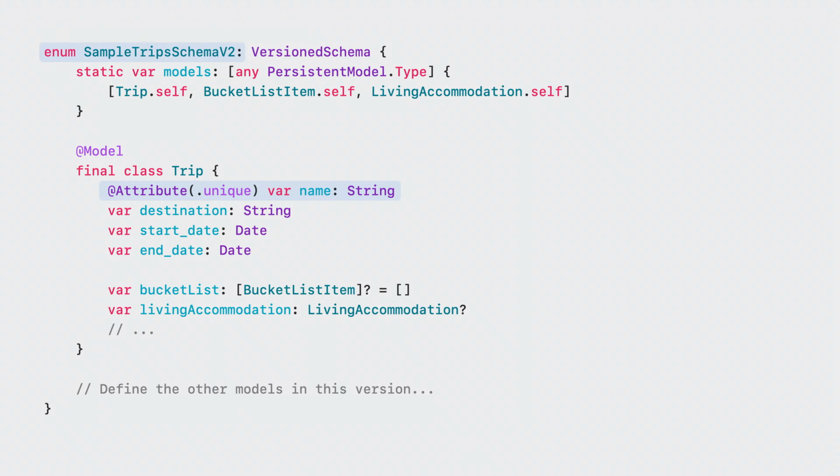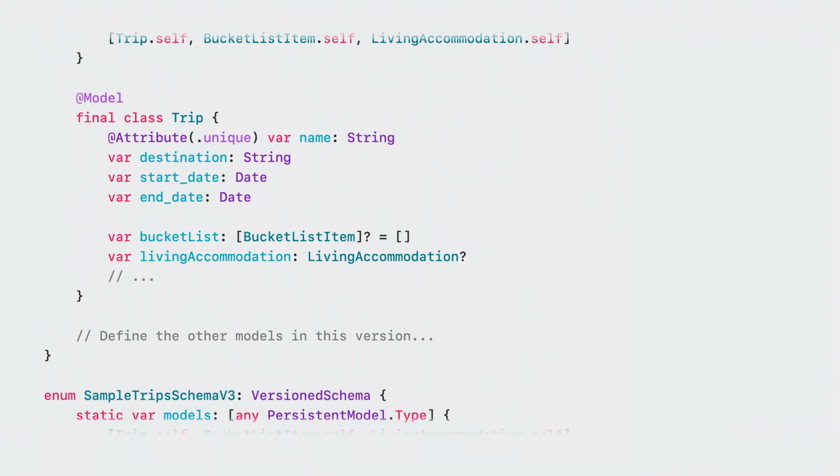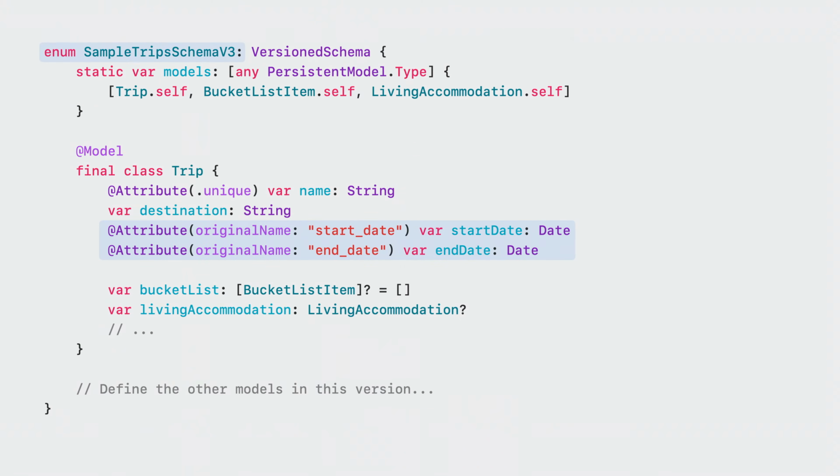Version 2 of my schema is where I added the uniqueness constraint on trip names. I create another version schema that also encapsulates the changes I made to the trip model class. I do the same for version 3 of my schema, capturing the name changes made to start and end date.